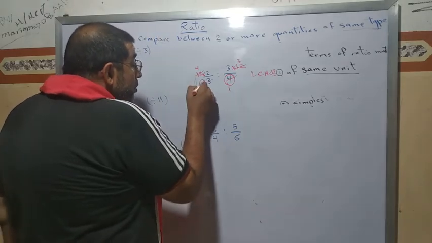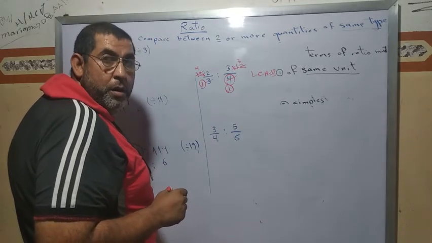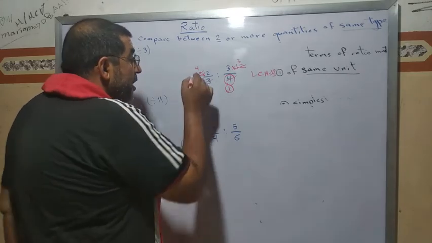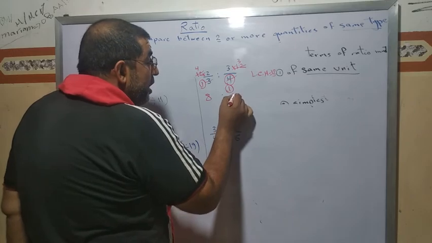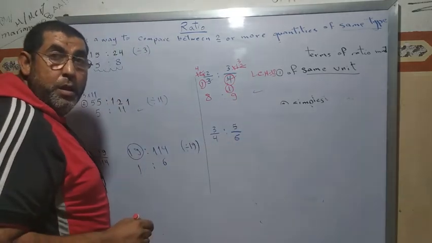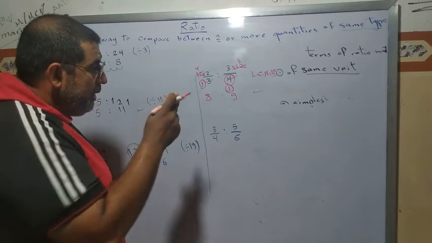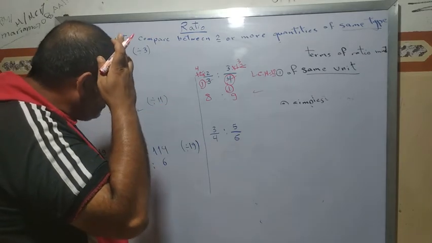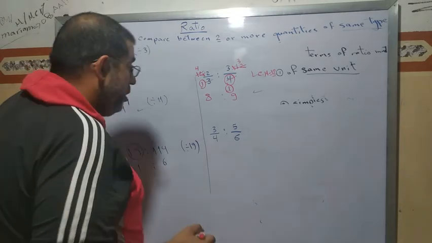The denominator becomes 1. 4 times 2 is 8. 3 times 3 is 9. Are there any common factors between them? No. So the two terms or the ratio are written in the simplest form.